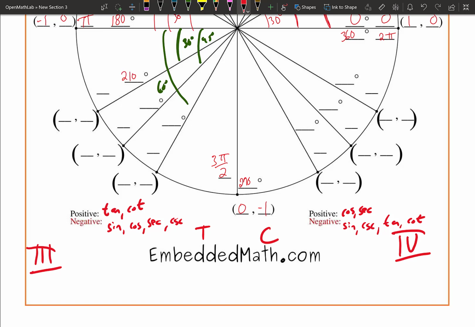And then 180 plus 45 would give me 225. And then 180 plus 60 would get me to 240 degrees. And then we can convert each of those into radians. So that would be 7 pi over 6. 225 degrees would be 5 pi over 4. And 240 degrees is 4 pi over 3.